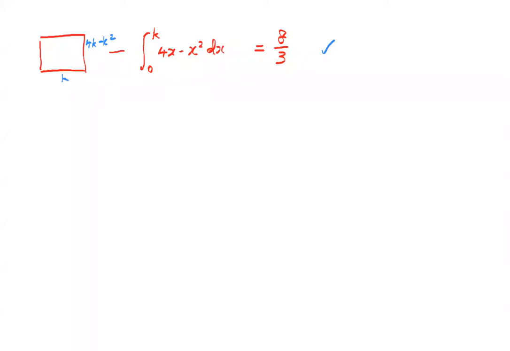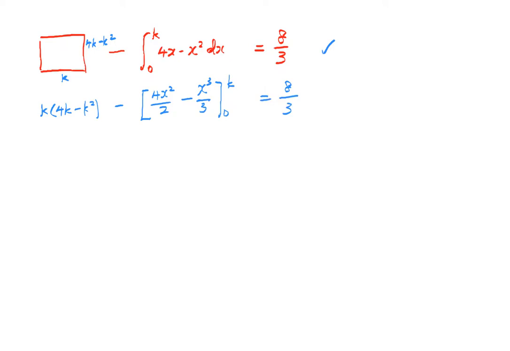So anyone want me to solve step by step for you to see? Okay, so I will find the area of a rectangle that is k times 4k minus k squared. This one I will integrate. You integrate 4x, you got 4x squared divided by 2. You integrate x squared, you got x cubed divided by 3, from 0 to k, and this is equal to 8/3.